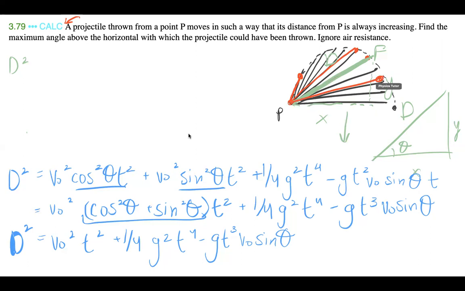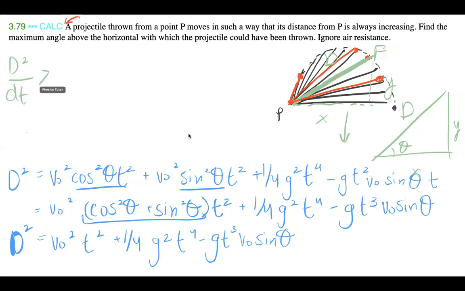So we have to differentiate distance with respect to time, and that's going to give us the distance that is changing over time, because that's what we want in the question. And since we always want it to increase, right?